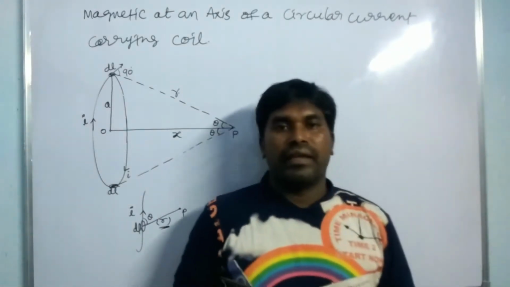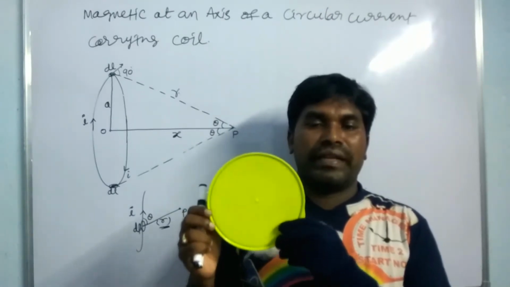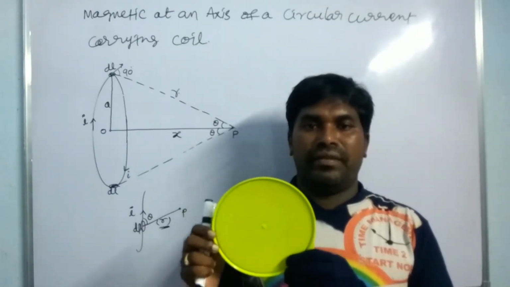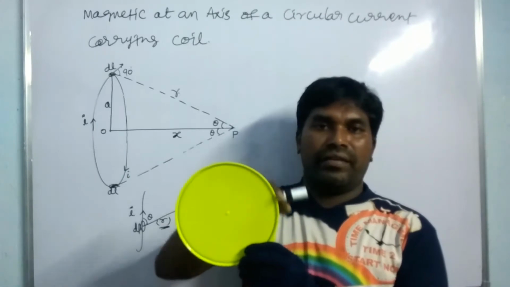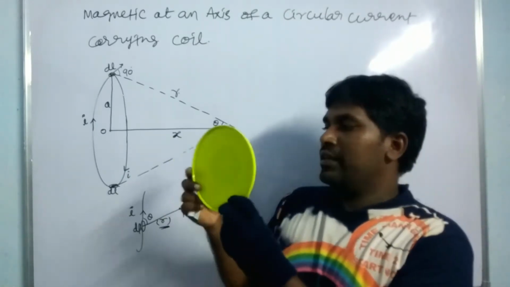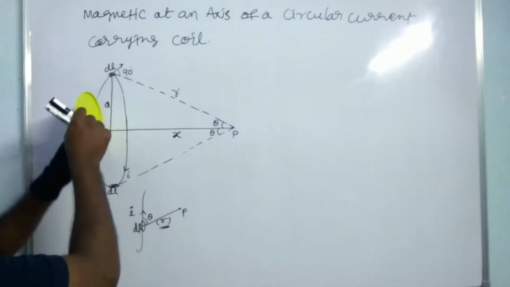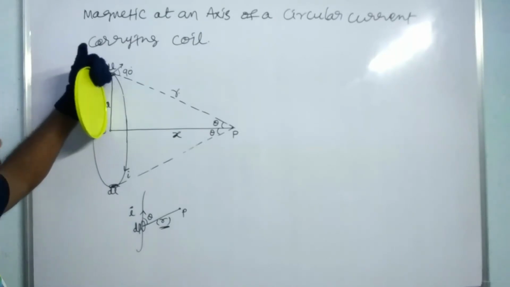Let us check once. So this is a circular current carrying coil.